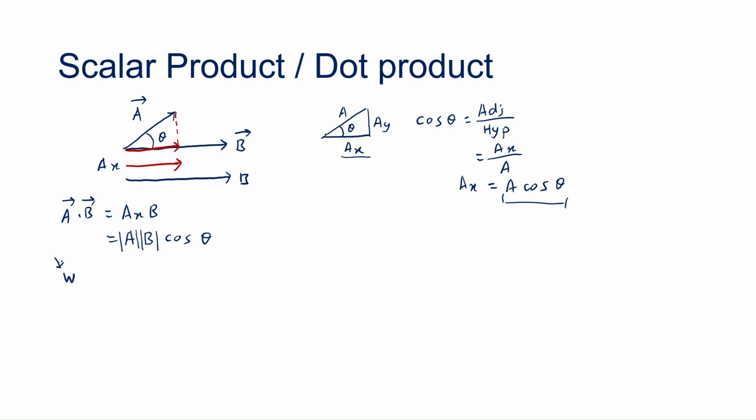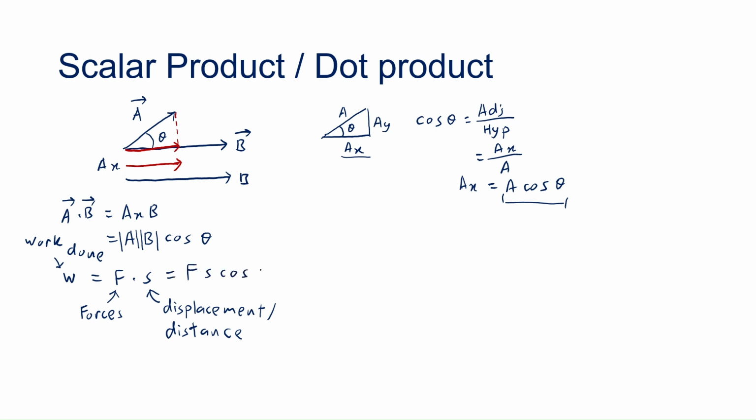The work done is defined by F dot S, and this F is force, and this S is displacement, or sometimes distance, depending on the physical case you have. So this actually equals Fs cos theta.